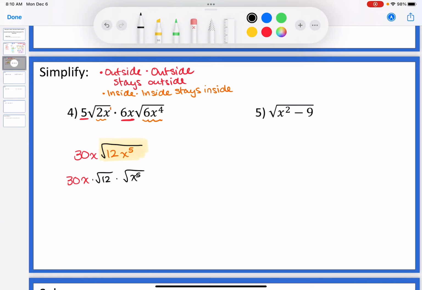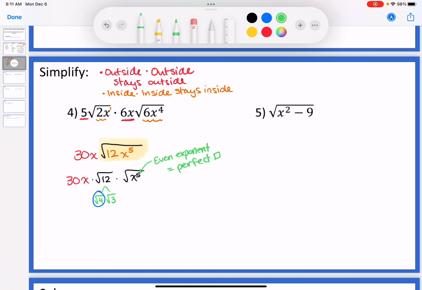You don't have to split it like this, but sometimes it helps people recognize that there is more to do. So the square root of 12 becomes the square root of 4 times the square root of 3, right? Square root of 4 is our perfect square. Now, x to the fifth is tricky, but it helps to look back up at the front. Remember, anything with an even exponent is a perfect square, right? What times itself gives you x to the fifth?